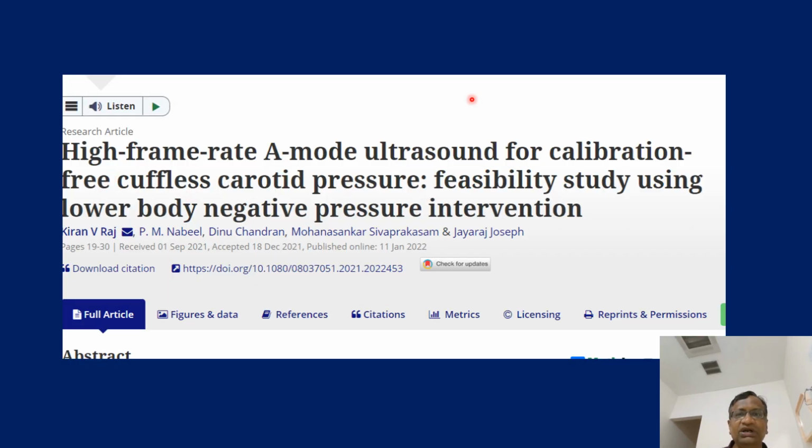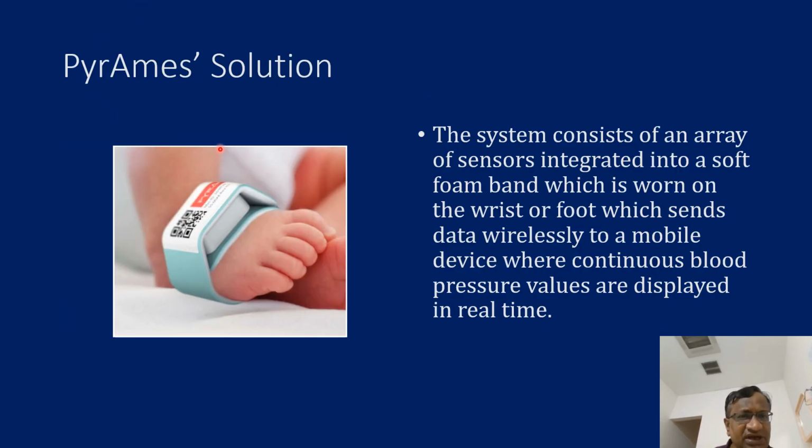A high frame rate M-mode ultrasound for calibration of pulse pressure. There is something called Pyrameex solution for this. It consists of an array of sensors integrated into a soft foam band which is worn on the wrist or foot. It sends data wirelessly to a mobile device where BP is continuously monitored in real time.